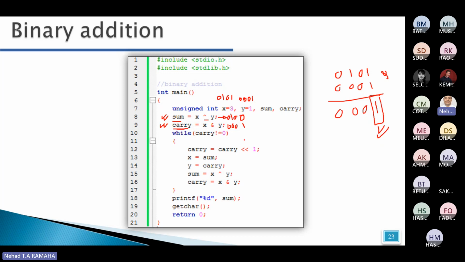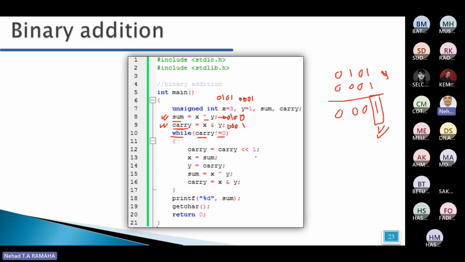If we don't have carry, then we stop and we get the summation. If we have carry, what will we do? We have to make summation again. So while carry is not equal to 0, this means we have carry, then we have to continue the operation.